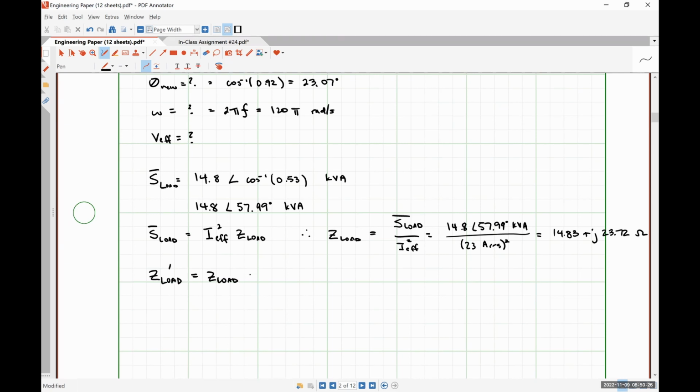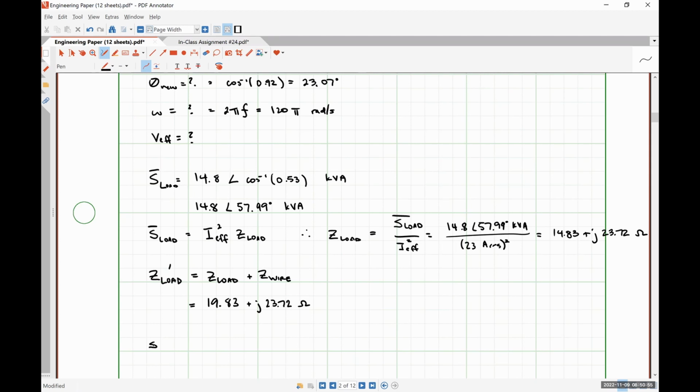It is just going to be the Z load plus effectively the resistance of our wire, which was given as 5.4 ohms, is going to be 19.83 plus J 23.72. Oh. Okay.